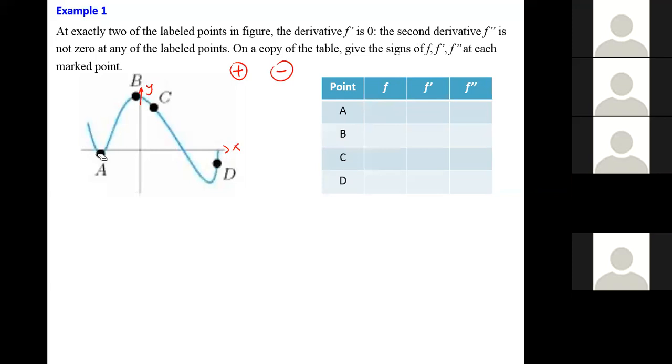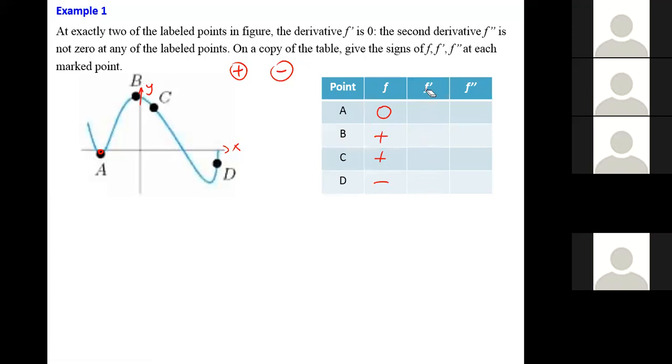Actually, I would consider that A is exactly on the x-axis. That means at A, the function has the value 0. But now point B and point C are above the x-axis and point D is below. Easy.